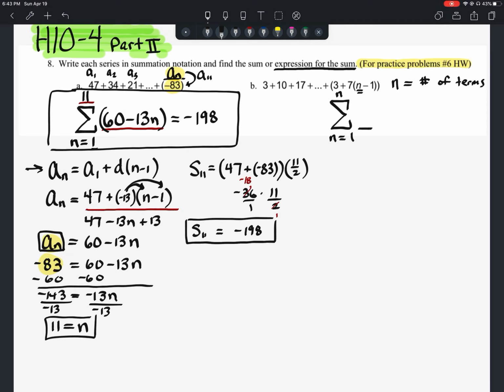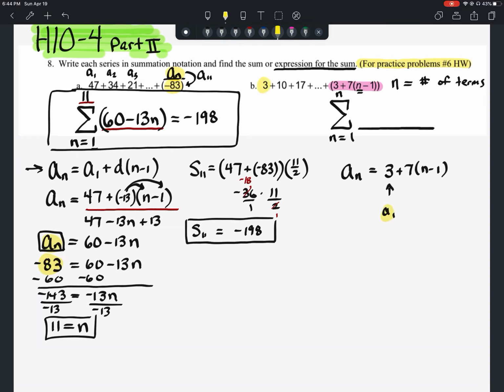Our argument, this one makes it real easy here, because you see this expression that we have is the argument. This expression is the same thing as if we said a sub n was going to equal 3 plus 7 times the quantity of n minus 1, where this would be our first term. And you can see that right here, right? The first term is 3.